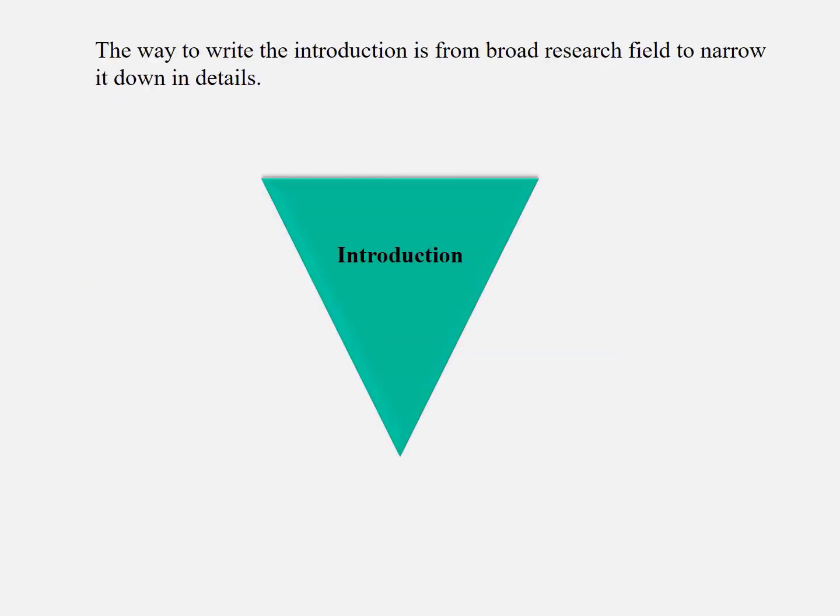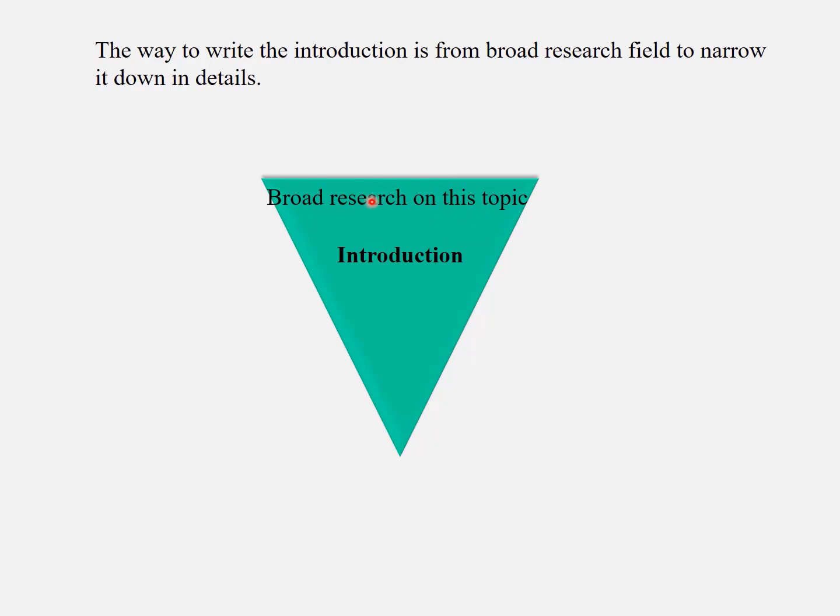The way to write the introduction, you should start with something very broad, because that concept is easy to get accepted by the reader. Then gradually you narrow it down to specific details. If we use this triangle to explain what I mean, then we start with something broad, a research field.